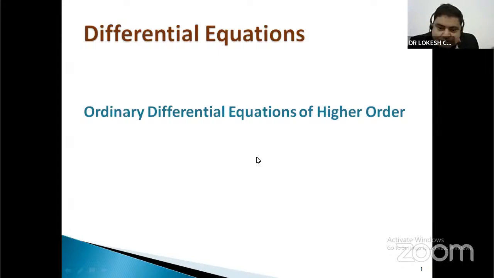Now, what are its further classifications? Its classification is simple: it is an ordinary differential equation or a partial differential equation. Then further, we classify by the order and the degree of the differential equation.